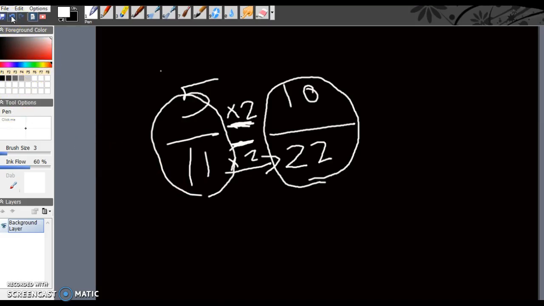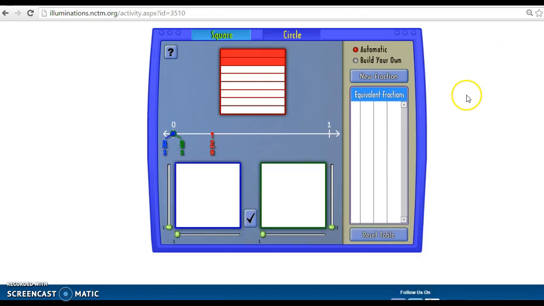Okay, it looks like we're done with our examples right now. Let's practice more using virtual manipulatives. I am going to use this game, and you can see the URL address: elimination.nctm.org. This game is wonderful. I love the fact that I can see those fractions form in front of me.